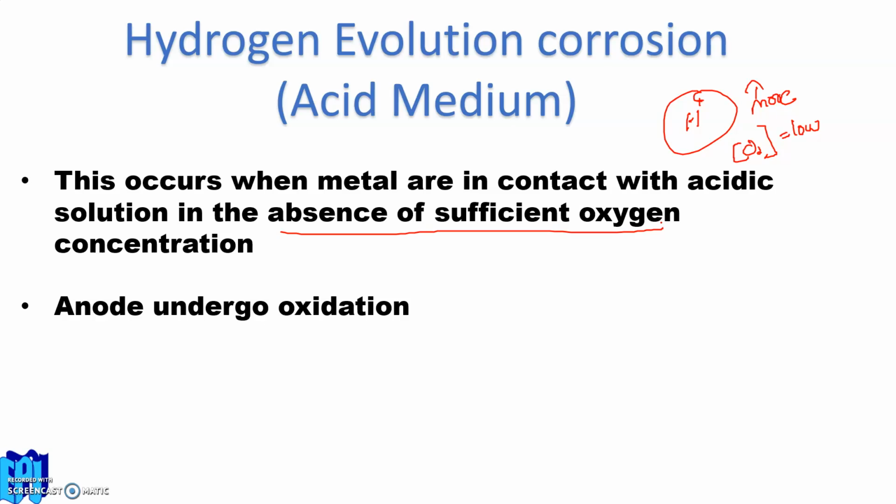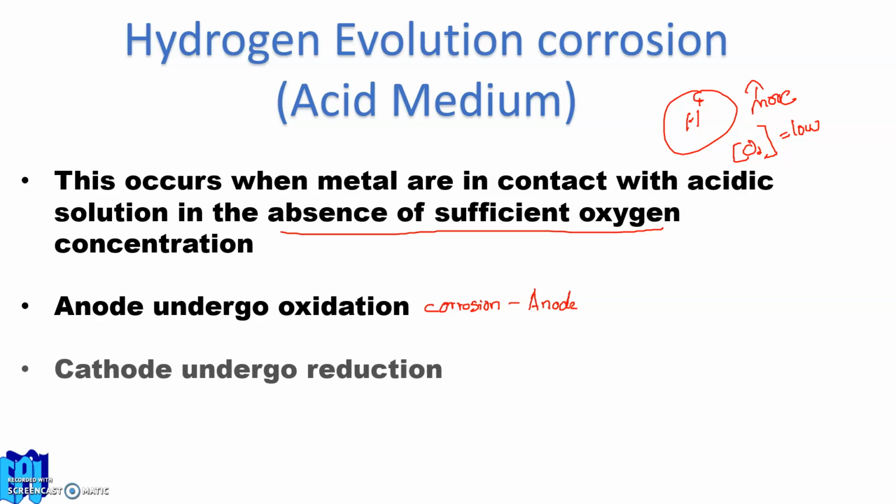Okay, so we know that corrosion is an oxidation process. This oxidation takes place at the anode, so corrosion takes place at the anode, and the other part, reduction, takes place at the cathode.